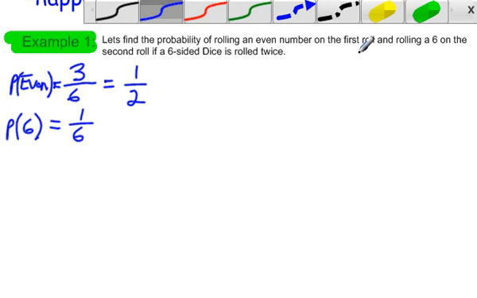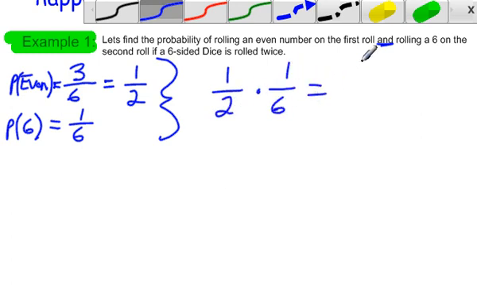even on the first roll and the key word here, guys, is and rolling a 6 on the second roll. It's real simple. We will just multiply the two probabilities. Alright.